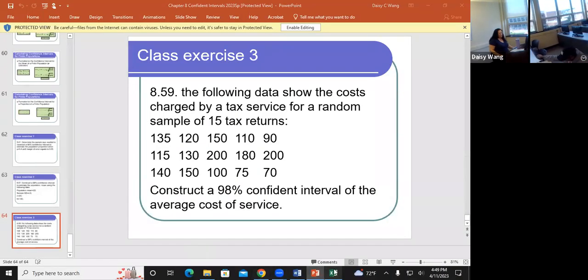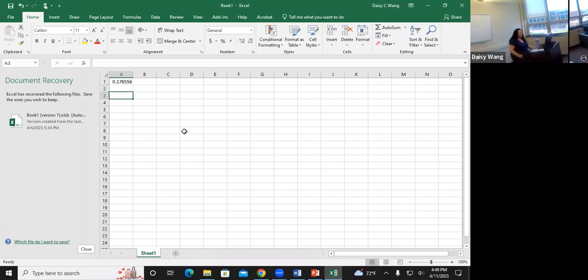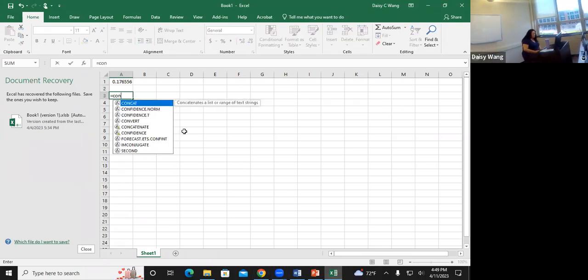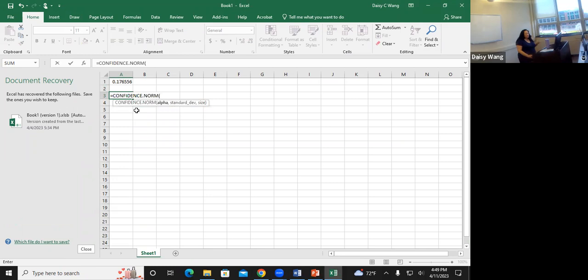Because we don't have this table, we can actually calculate the confidence interval by alpha. We just use one example.